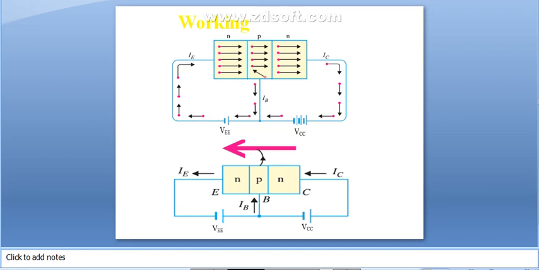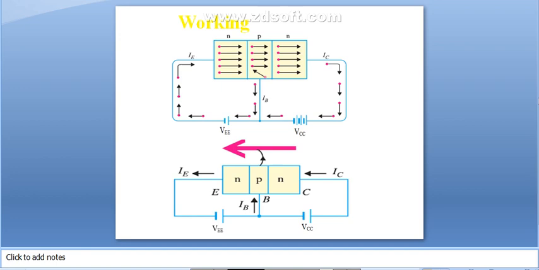Here the base is lightly doped, so the number of holes in the base region is very small. Hence the number of electrons that combine with the holes in the p-type base region is very small.